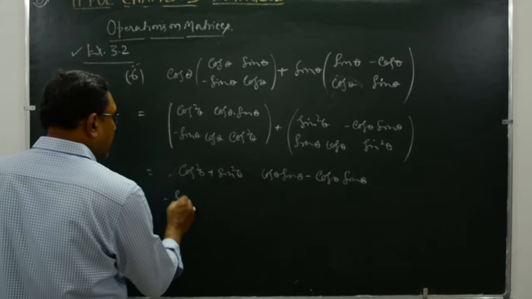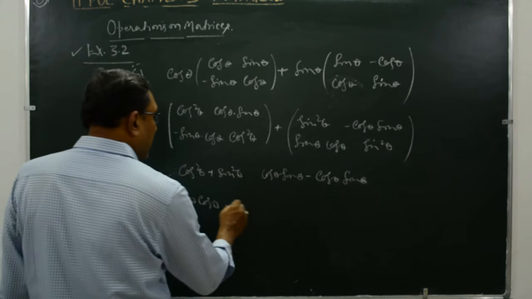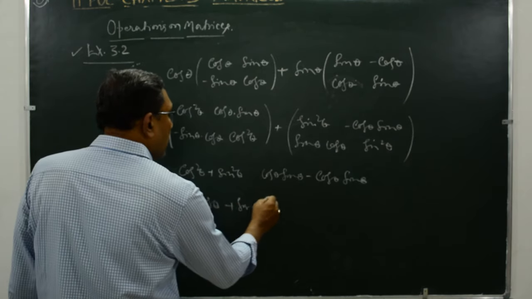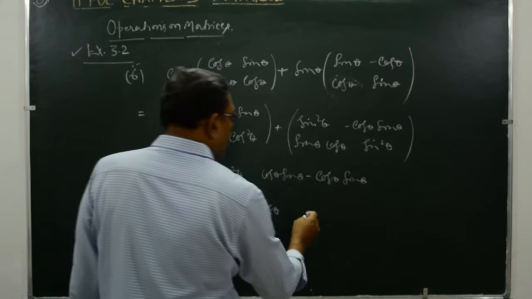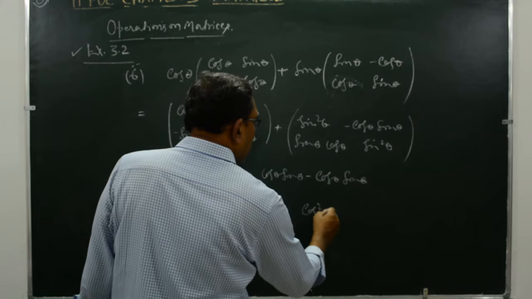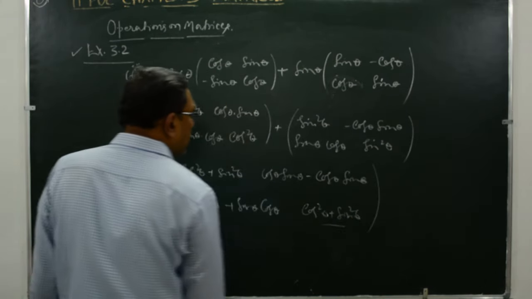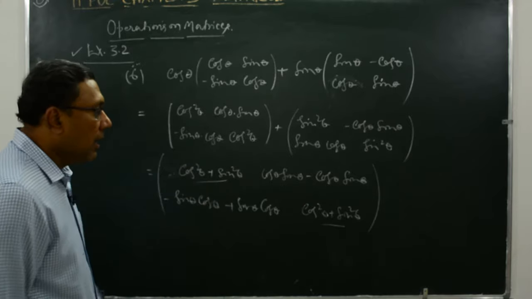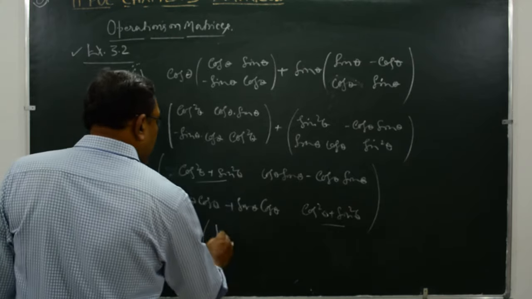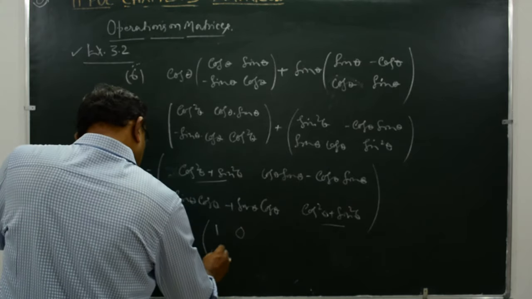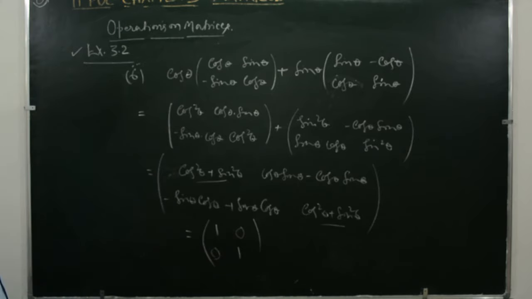Minus sin theta cos theta plus sin theta cos theta, and here it is cos square theta plus sin square theta. The value of this is 1 and these two get cancelled. So your resultant matrix is an identity matrix, which is [1, 0; 0, 1]. Right? This is problem number 6.